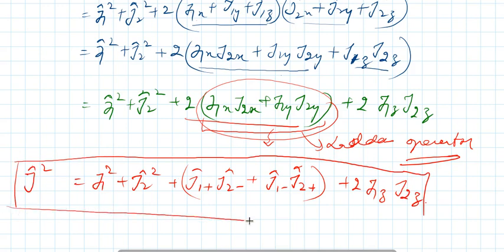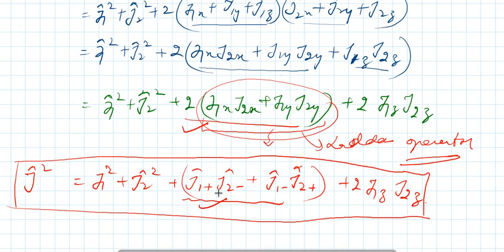Now after this I will proceed in the next lecture, but in this lecture I will try to prove how this part is equal to this one. So to prove this, let us proceed as follows.